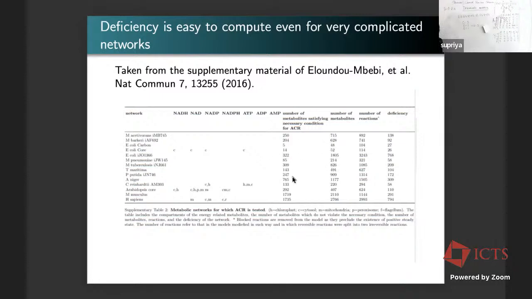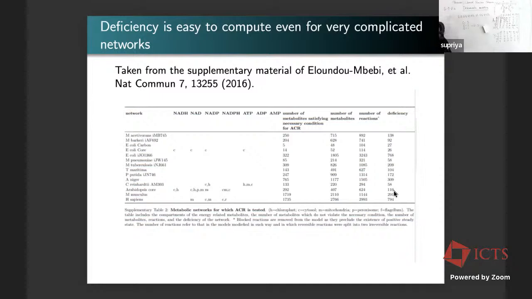Look at the hugeness of these networks, and they've actually calculated the deficiency, which is quite big. Not surprisingly, it's not zero by any means. In this particular case, they were just interested in doing this for something else, which we may or may not get into towards the end.